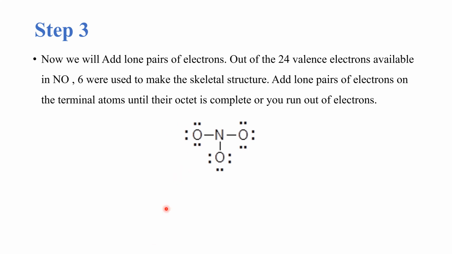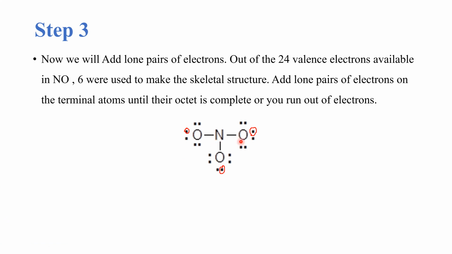So I can differentiate that for you with another color, or I can encircle this one. You can see that this is the electron which it does not have in its ground state. But we are mentioning this because we have to write the electron pairs with the total number of valence electrons, if they are completing their octet, right?